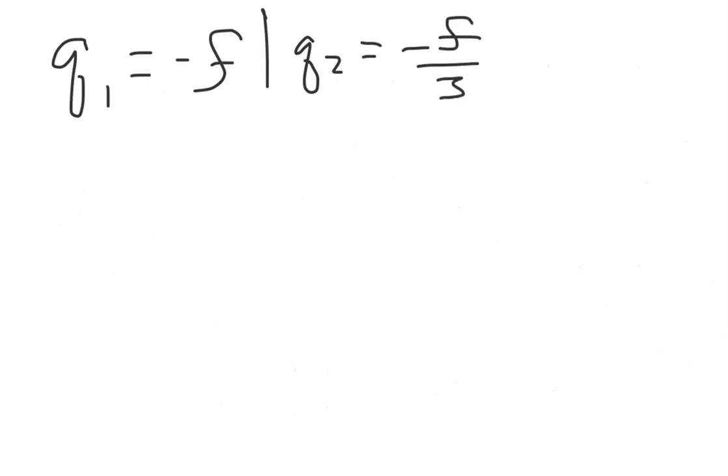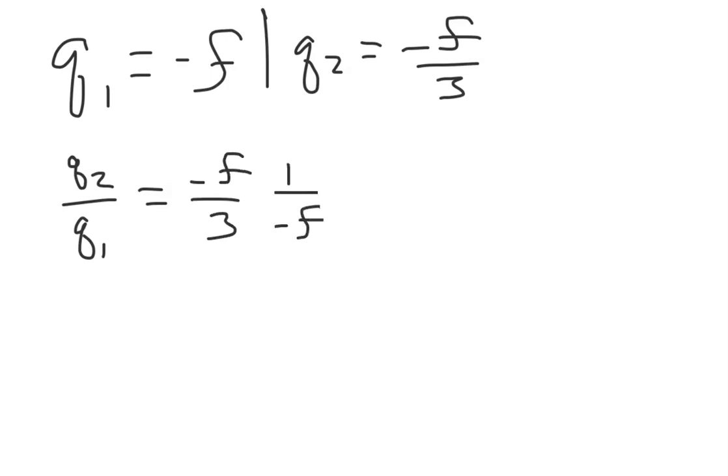So then we want to do Q2 over Q1, right? So what is that going to be? That's going to be -F over 3 over 1 over -F. These are going to cancel.